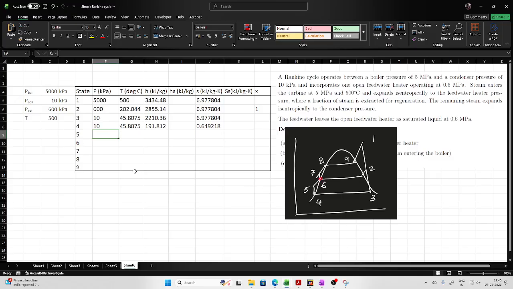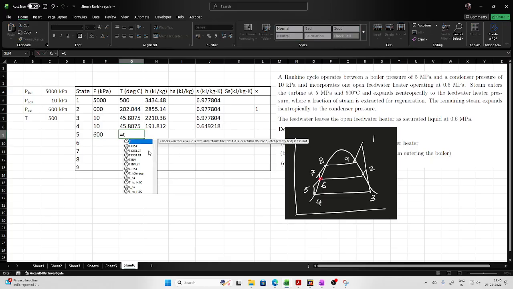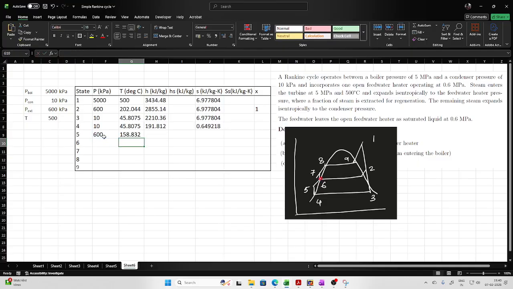So what is point number 5? Point number 5 is basically the pressure which is the same as the extraction pressure. So this is 600. Now this is saturated liquid only. So we have to do T sat corresponding to pressure for water. This is the one. And then enthalpy.